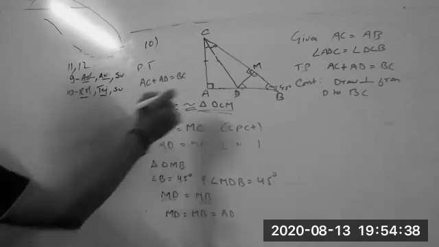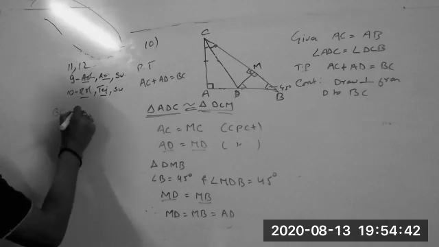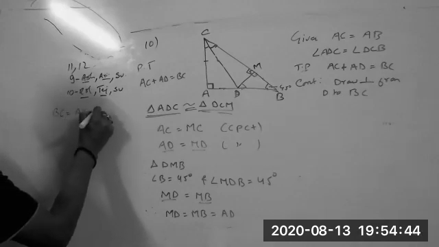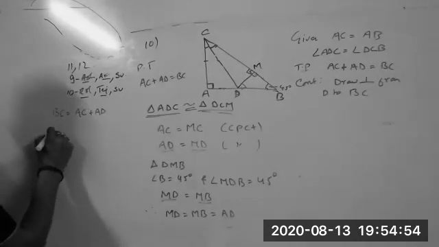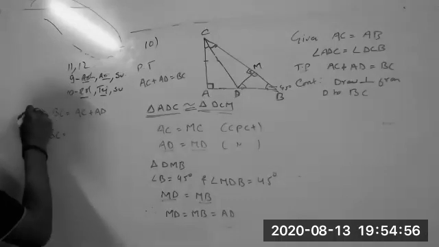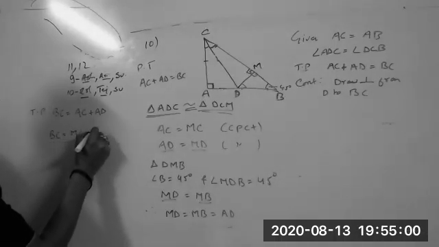So what we have to prove? BC is equal to AC plus AD. This is what we have to prove. For BC, can we write MC plus MB?